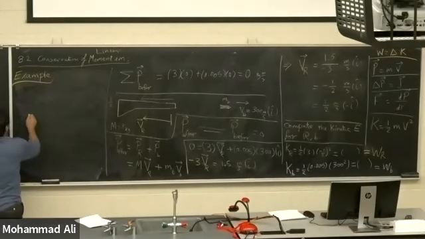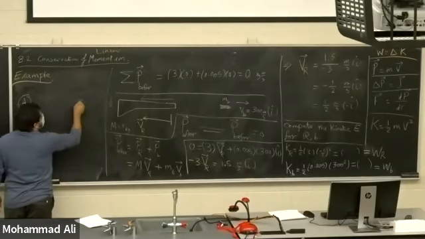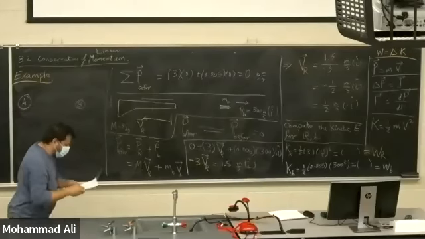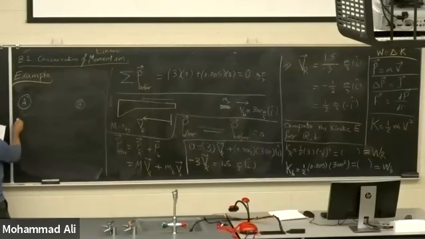We have two balls, A and B. The mass of A is equal to 0.5 kilograms, and its velocity V of A is equal to 2 meters per second in the I direction.